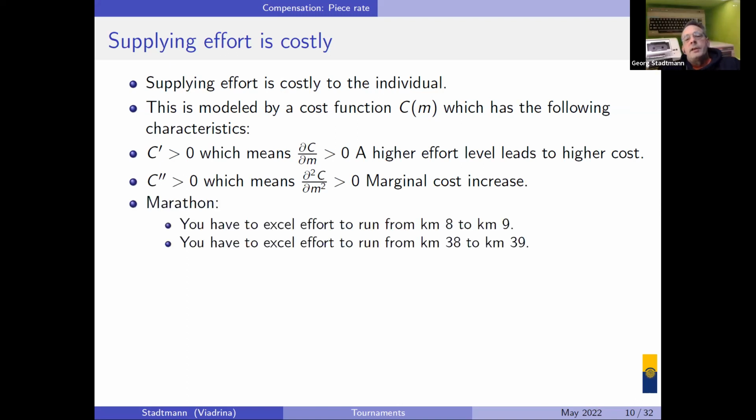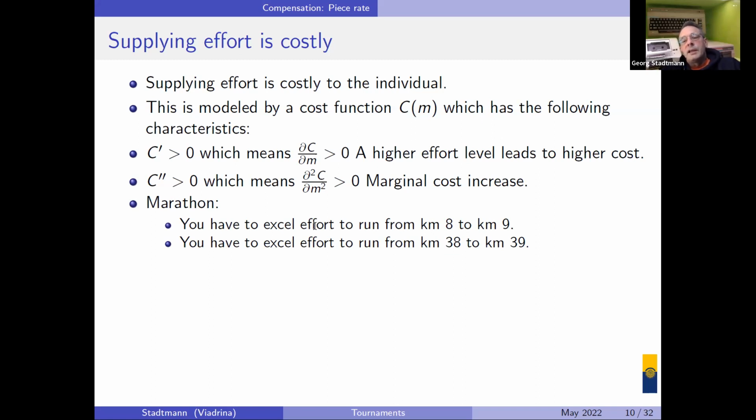In a marathon, the athlete has to run from kilometer 8 to kilometer 9. And the athlete also has to run from kilometer 38 to kilometer 39. So the athlete has to exert some effort to run this 1 kilometer. Which kilometer comes along with a higher cost level?